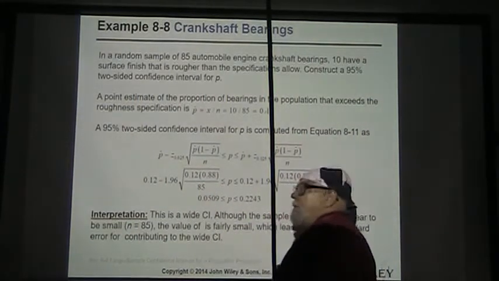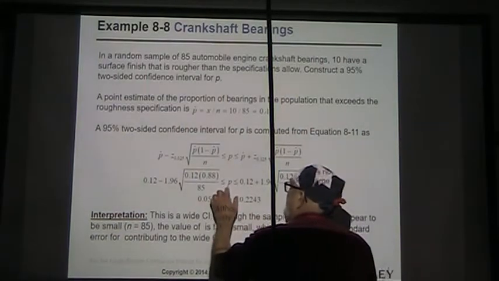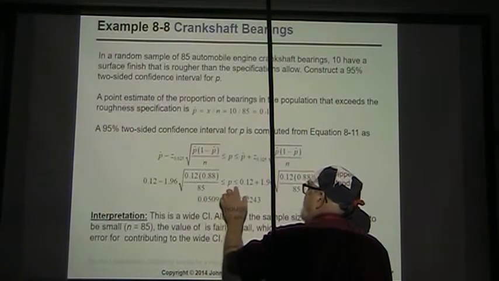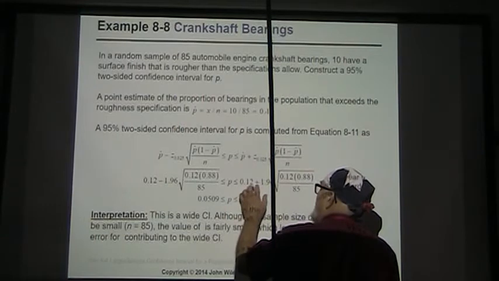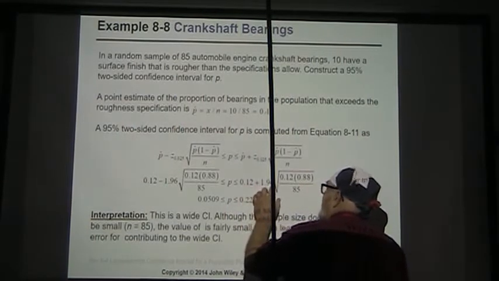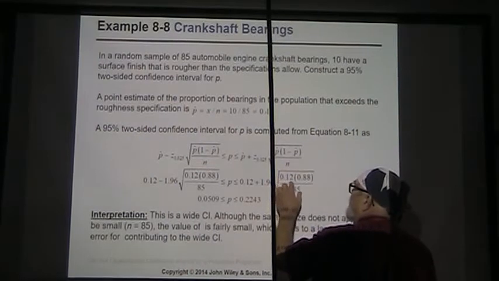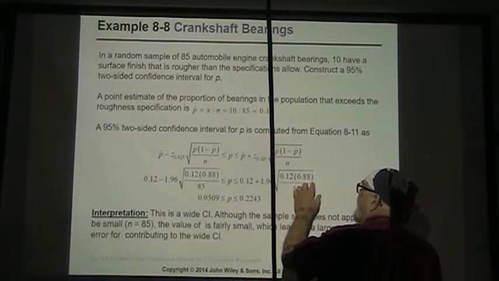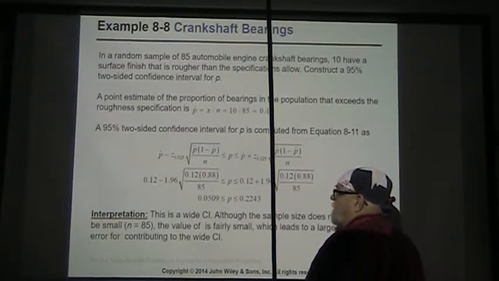We divide that by n, which is 85. That's less than or equal to p, our binomial proportion, less than or equal to 0.12 plus 1.96 times the square root quantity of 0.12 times 0.88, 1 minus p hat, divided by 85.